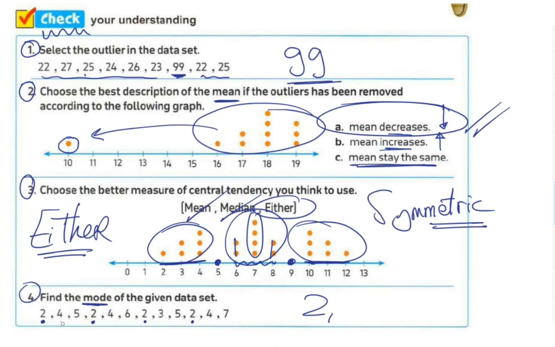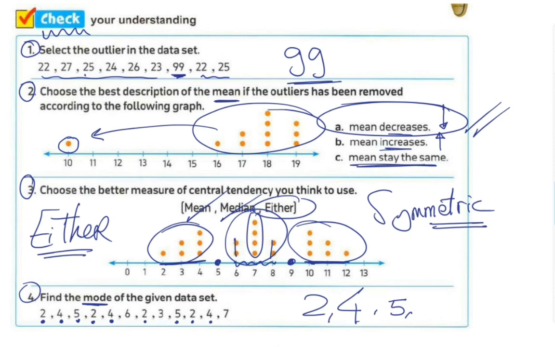We have 4, and 4, and 4. So 4 is a mode. Okay. And we have 5 and 5. We have 5 repeated. And just 1, 6 and 1, 3 and 1, 7.